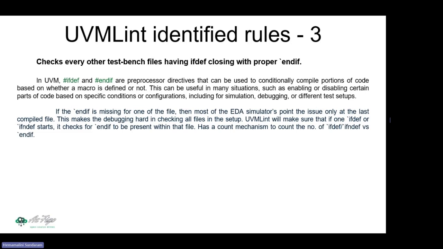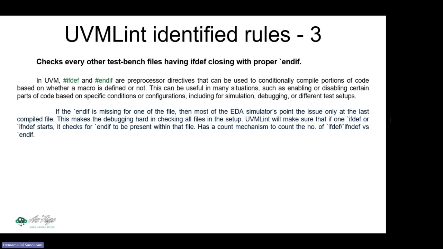So that is what we are doing here. UVMLint will make sure that if an `ifdef starts, it checks for an `endif to be present within that file. If there are multiple files, it will check each and every file. And it's not going to be like a nested file situation, where it might only check the last lines of code.